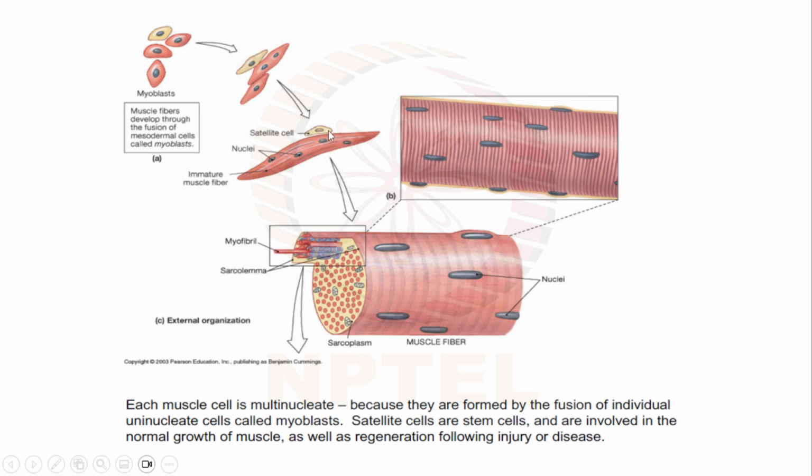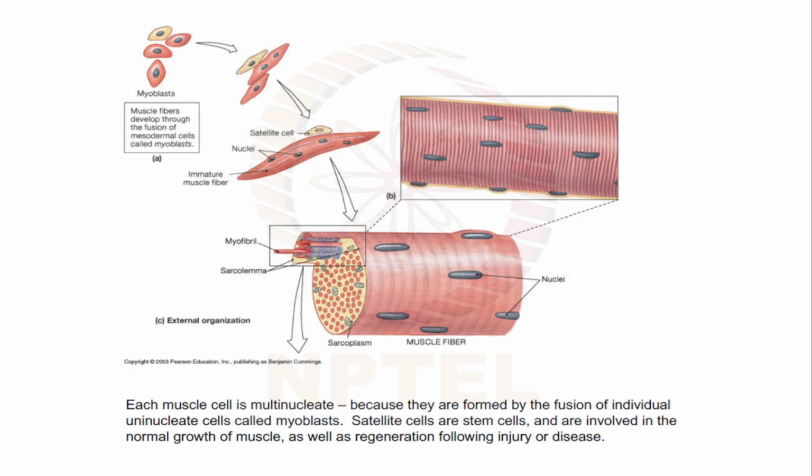This muscle cell also has a satellite cell attached to it. Satellite cells are stem cells. These cells come into action when there is some kind of injury or damage to these skeletal cells. As I told you, these are stem cells, and stem cells are undifferentiated cells.